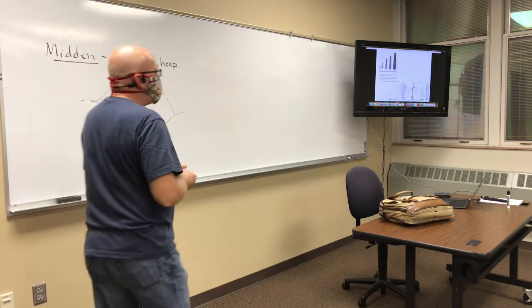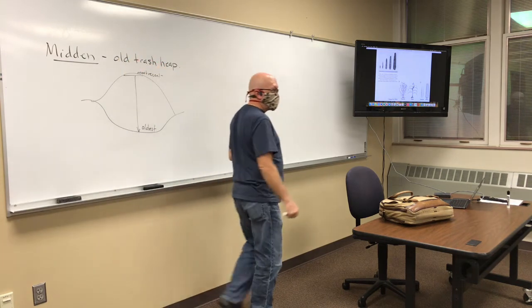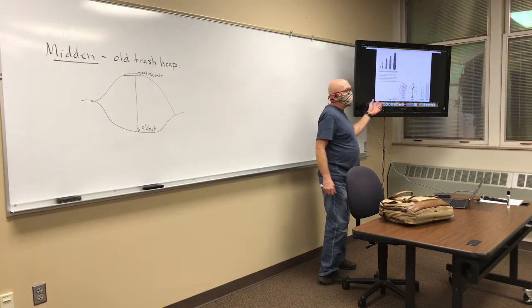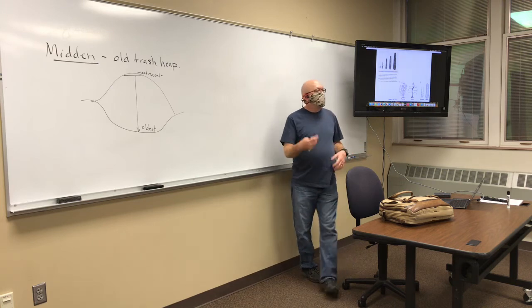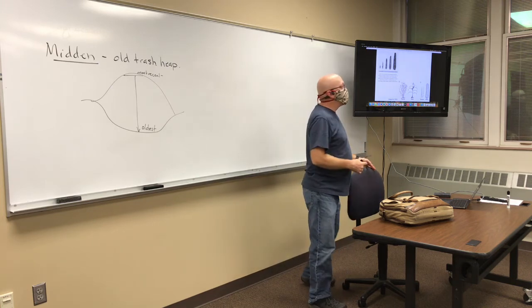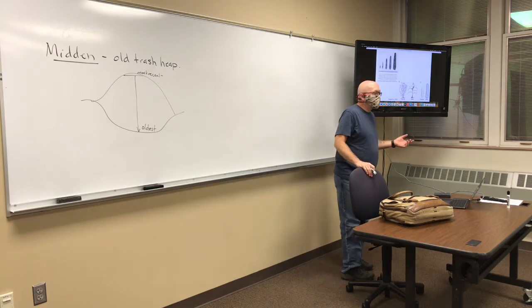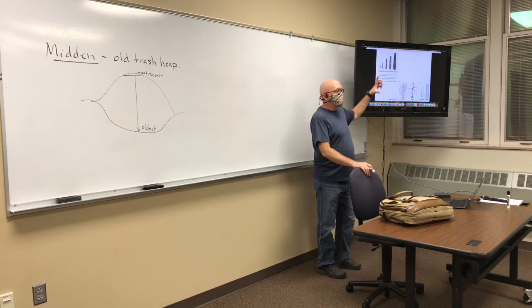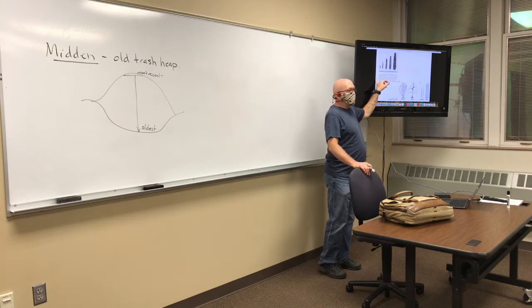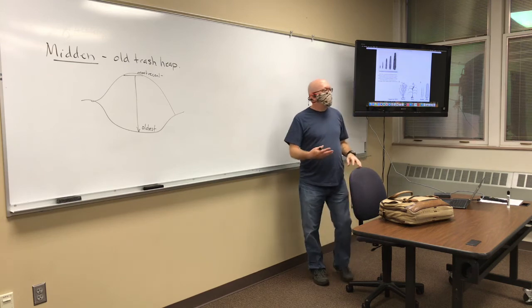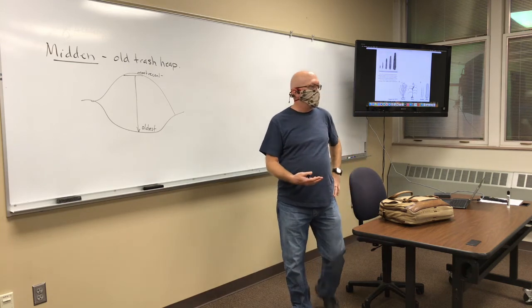So if you go to Mesoamerica, Central America, Mexico, and dig into old Mayan trash heaps, what you will find as you go down is corn cobs. And the corn cobs get shorter and shorter as you go back in time, and they have fewer and fewer kernels as you go back in time.